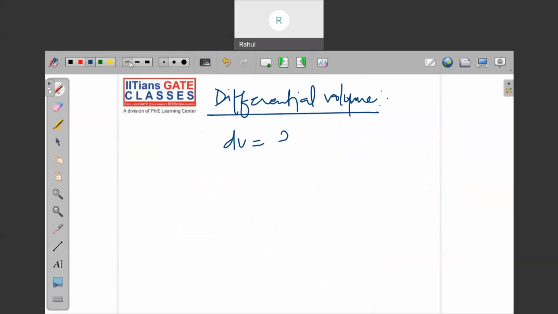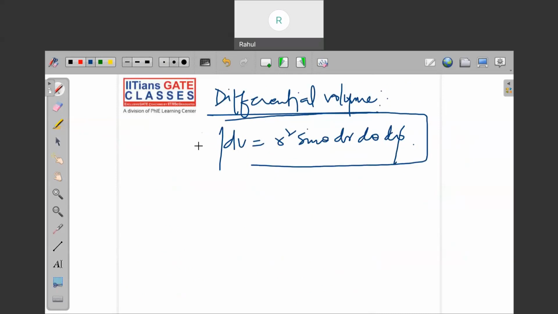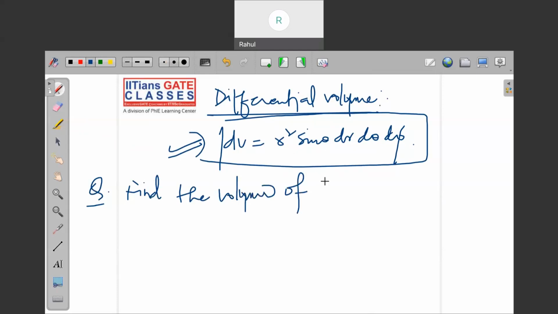Just take the multiplication of all three elements: dr, r d theta, and r sin theta d phi, giving r squared sin theta dr d theta d phi. So if somebody asks you to find the volume of the sphere, you can integrate r squared sin theta dr d theta d phi.